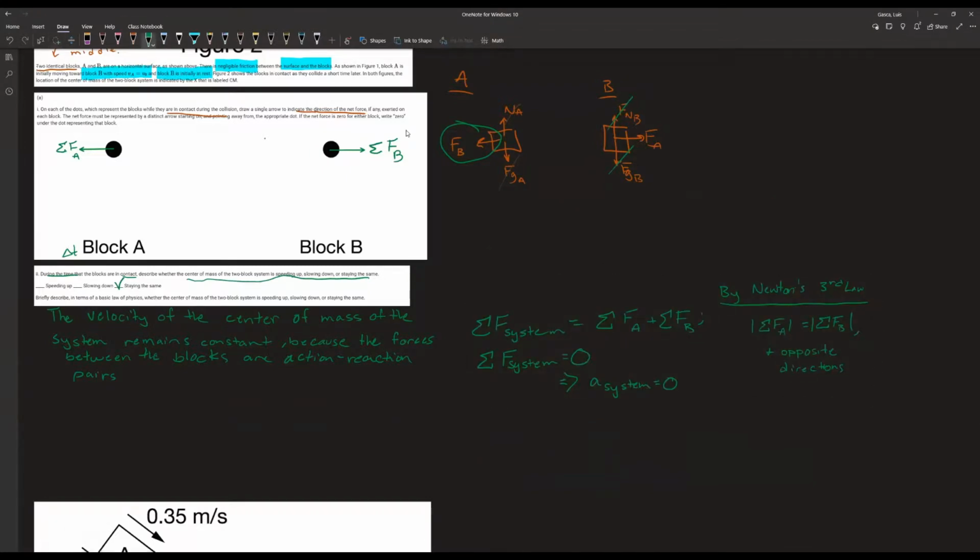Action-reaction pairs and are internal to the system, canceling out.